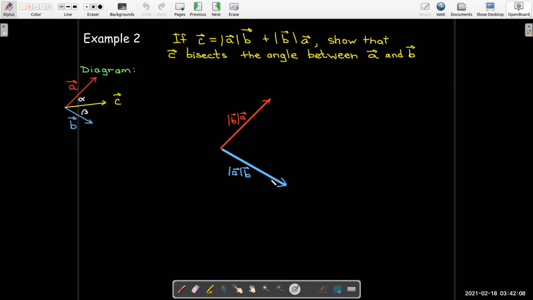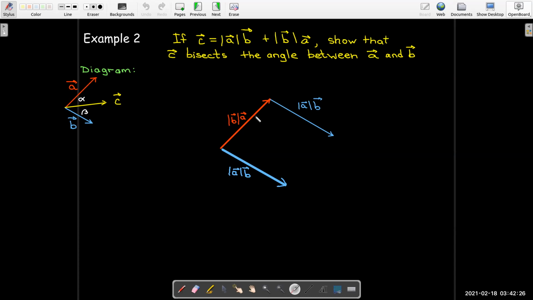Well, my graphical addition would say, okay, I would take the tail of the blue vector and put it at the head of the red vector. But look at this.